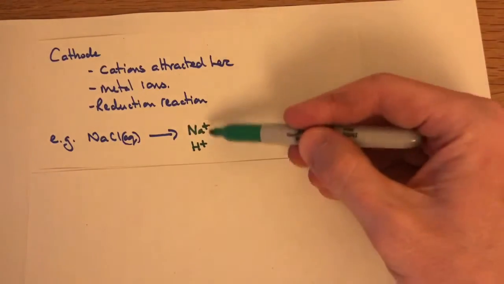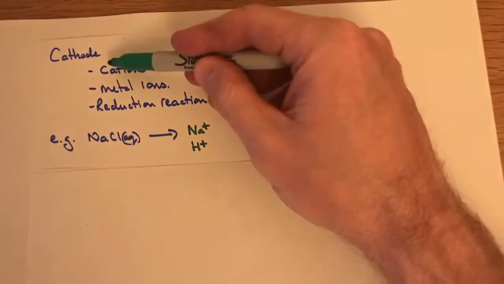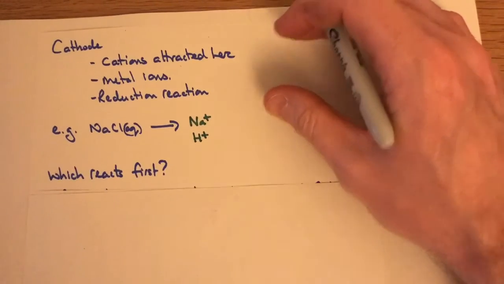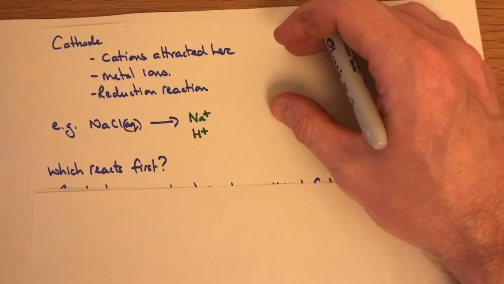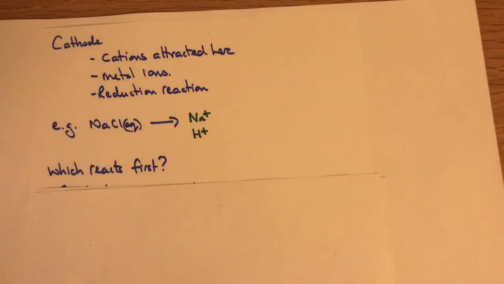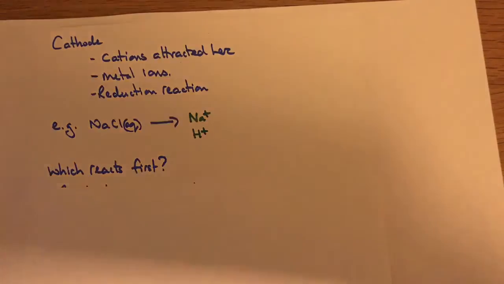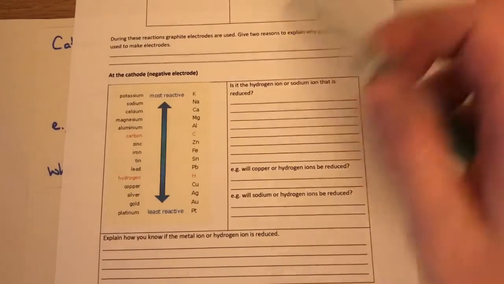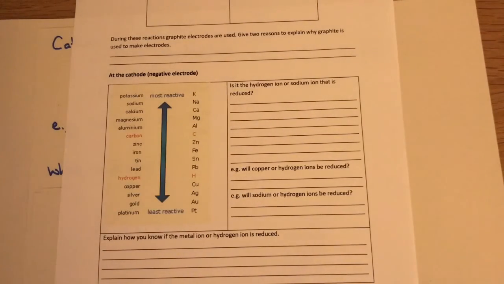Now the question is, when they get to the cathode, because they're both going to migrate that way, which of these two is going to react first? Who's going to be the first one to go? To understand this, we have to look at the reactivity series. Let me bring that into the camera view so you can see this. In the reactivity series, I want to highlight two parts for you.